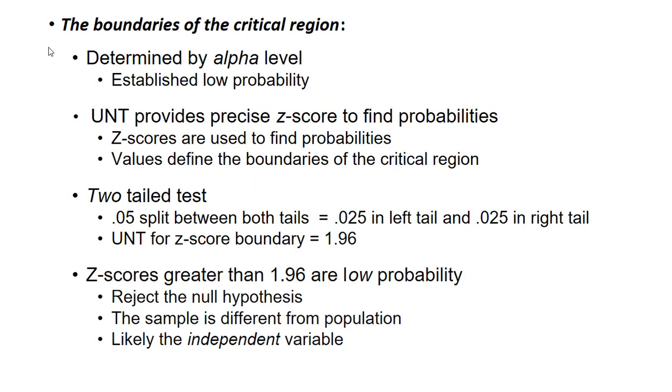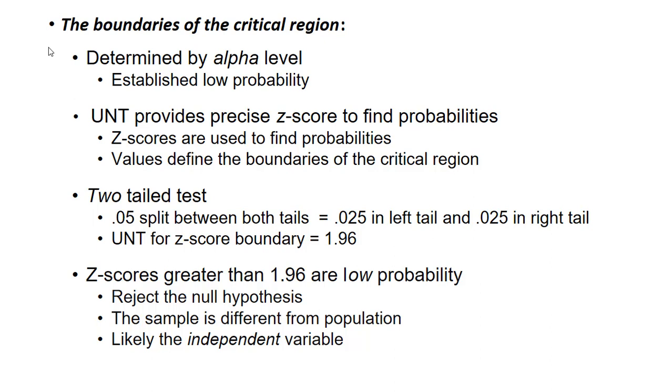So let's review a little bit about what we've been discussing. We set the boundaries of the critical region first by determining the alpha level. We decide what area in the normal curve would we consider to be an area that would contain low probability outcomes if the null hypothesis is true.